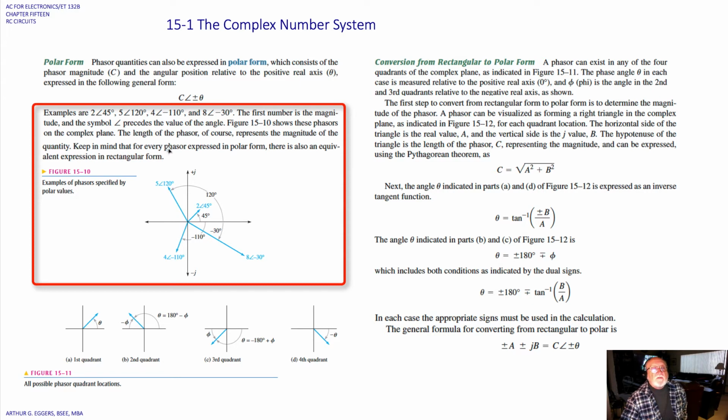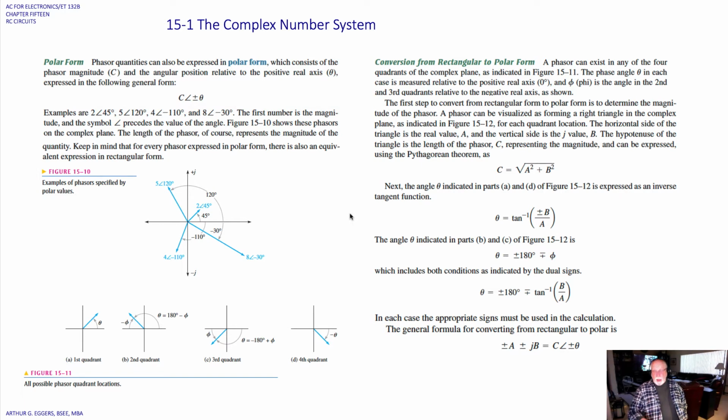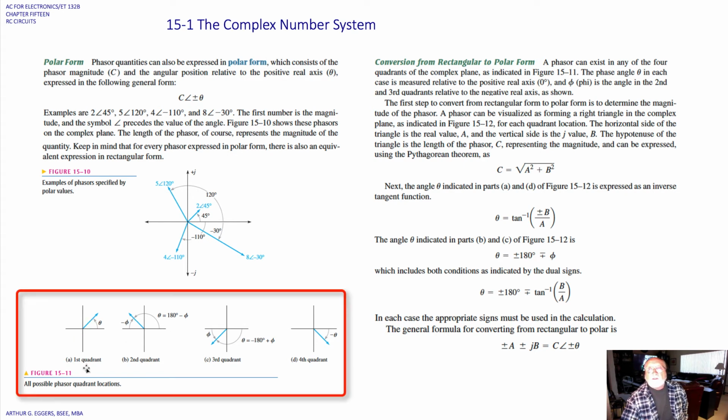Keep in mind that for every phasor expressed in polar form, there is also an equivalent expression in rectangular form. So we need to learn how to move back and forth between polar and rectangular. You can see below in 15.11 what goes on in terms of the angles in each of the quadrants. So you need to pay attention to that as we move forward.